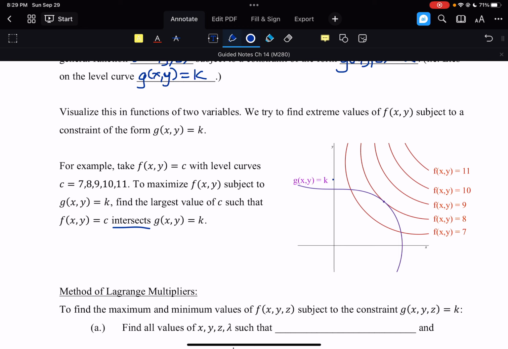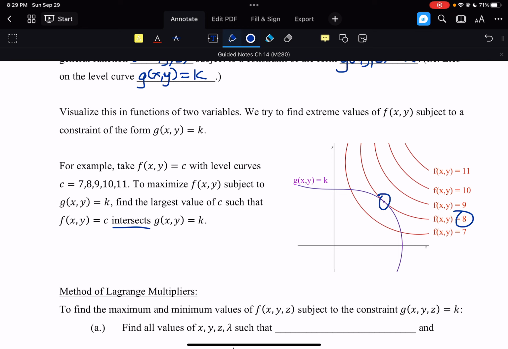But when you introduce this restriction, we see this cuts through the level curve here at 7, and it settles in until it hits this point right here on the level curve of 8, and then it dives back away from the level curves again. So the highest output of the function, the maximum output that is also on g, is right there, and that's a value of 8.